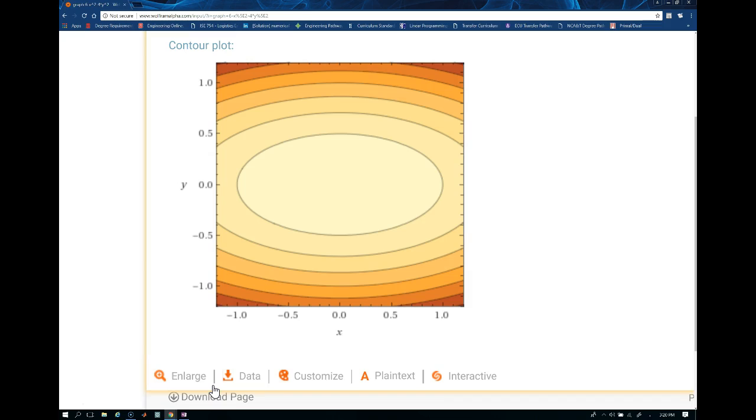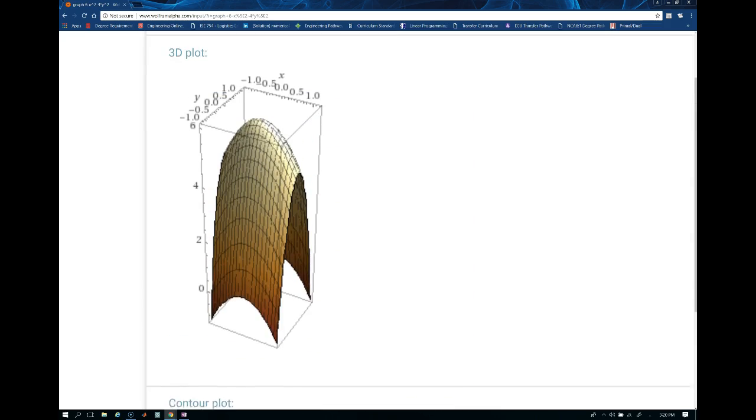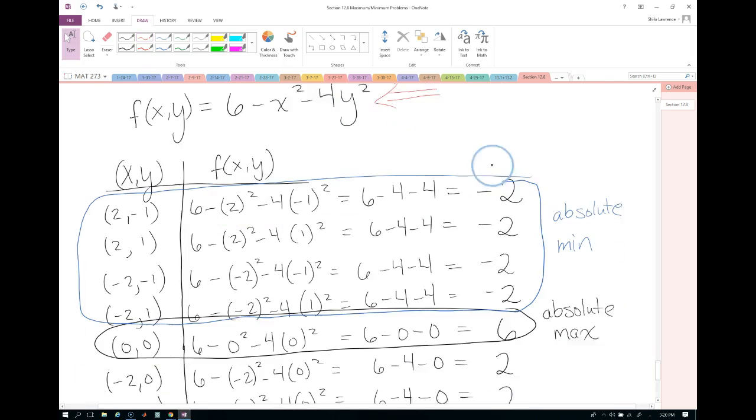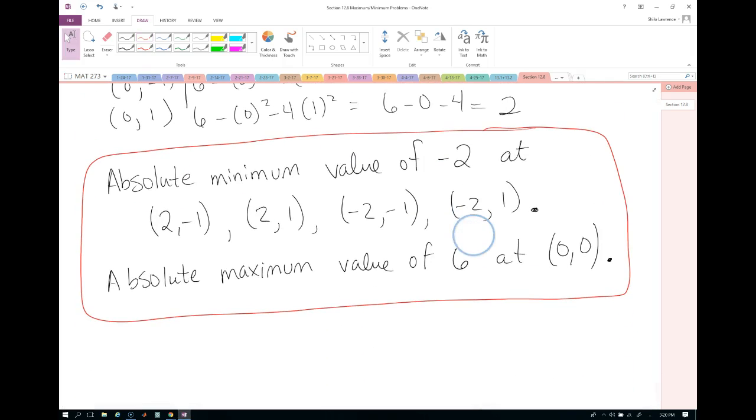We can't always tell from the contour plot whether it's a max or a min, but I can definitely tell that something's going on there at x equals 0, y equals 0. And we were able to see numerically and also from the graph that it's a maximum, which is exactly the same thing we said in our answer. Absolute maximum value of 6 at 0, 0.